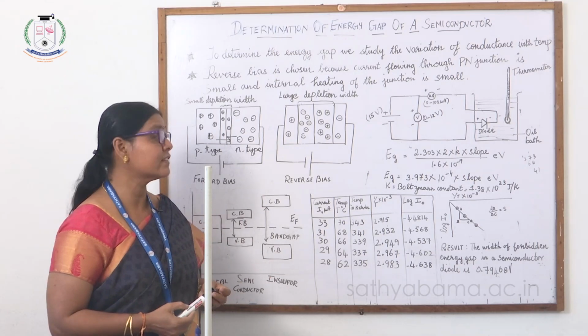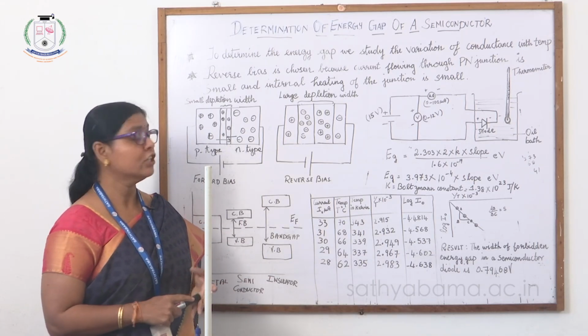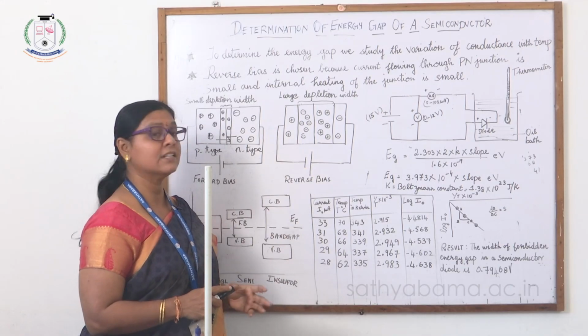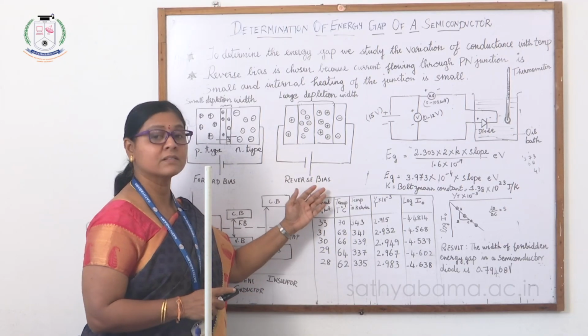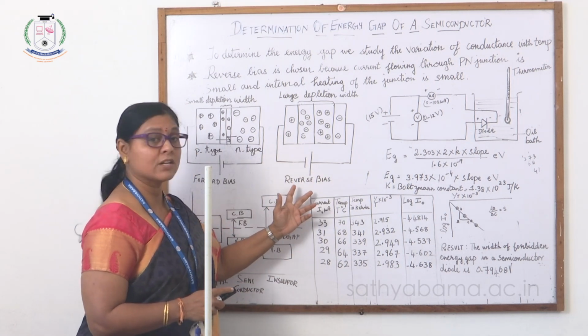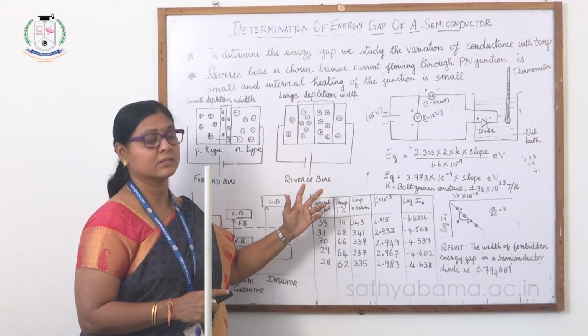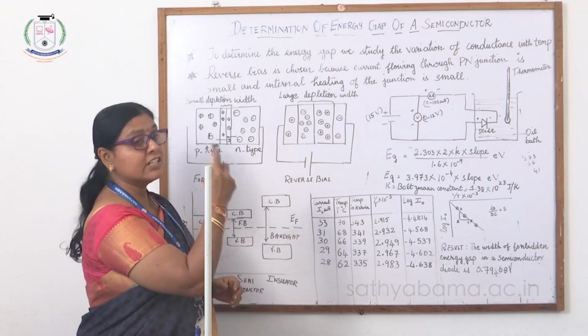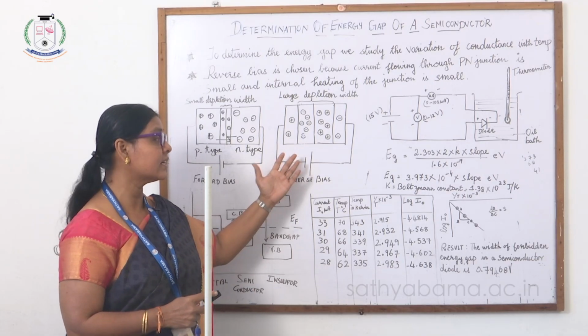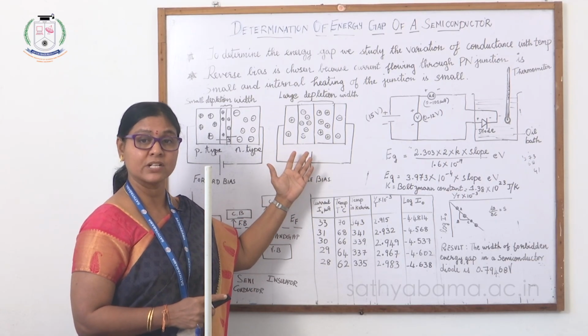Rather, you can say there is no flow of current through this junction. Such a state, we call the reverse bias of the junction. So now this concept is very important for determining the energy gap of our semiconductor material, which we have taken in the form of a PN junction diode.